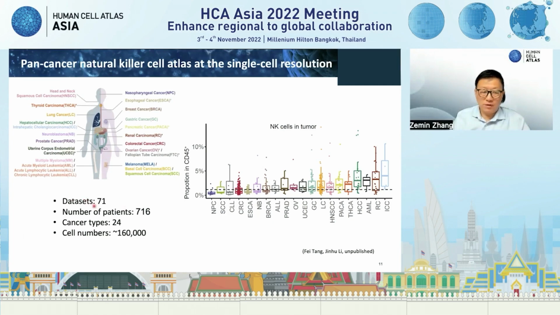Overall, from a total of 71 data sets, we collected 160,000 NK cells from over 700 donors representing 24 cancer types. As you can see here, the proportion of NK cells among cancer types varies dramatically. Cancer types such as cholangiocarcinoma, ICC, kidney cancer, and liver cancer have very high abundance of NK cells overall compared with NPC, colon cancer, and esophageal carcinoma.